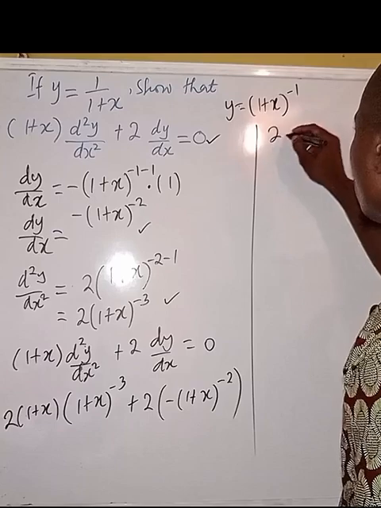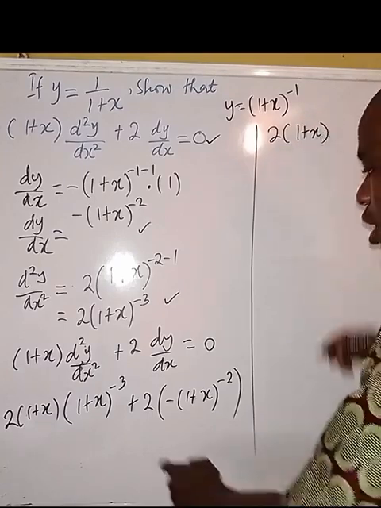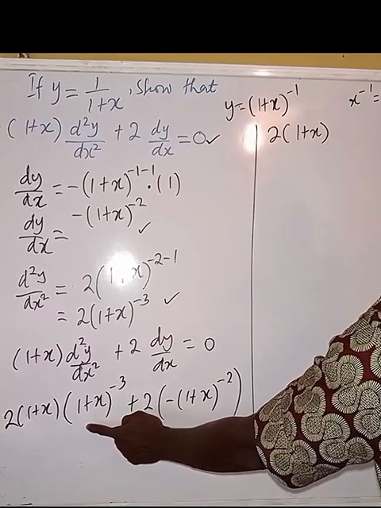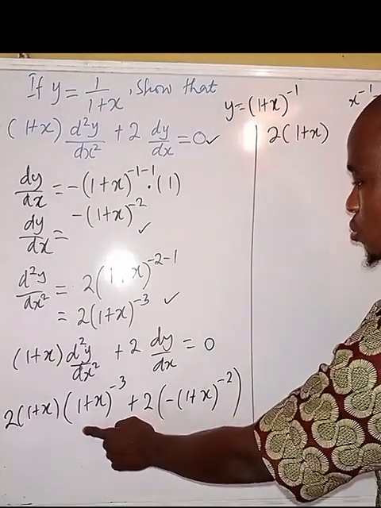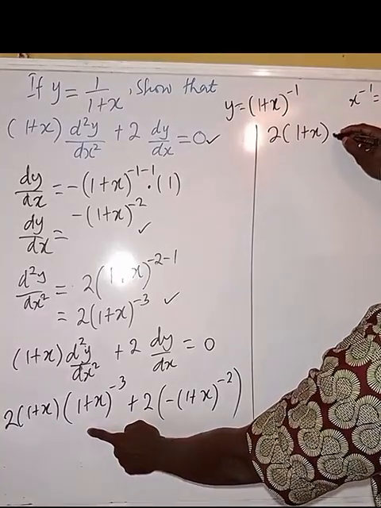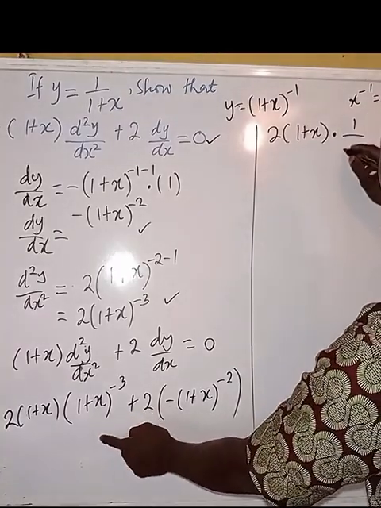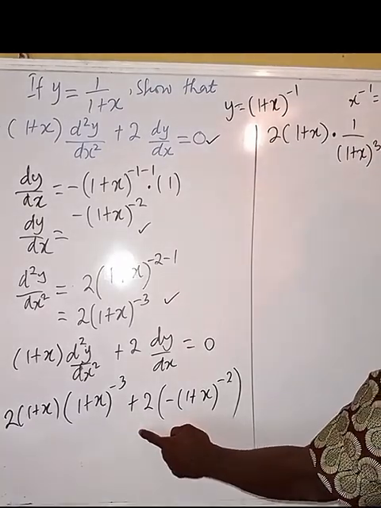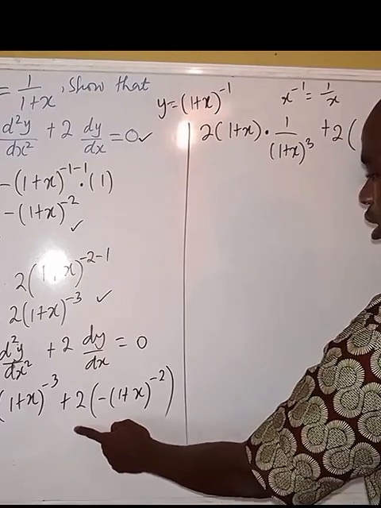So now we can have 1 plus x. Now according to this, if you have x to the power minus 1, the same thing as 1 over x from the law of indices. So we are going to have this one to be multiplied by 1 over 1 plus x to the power of 3, then plus 2 into bracket.